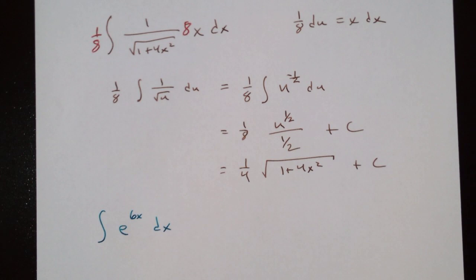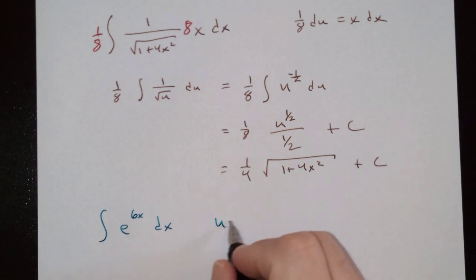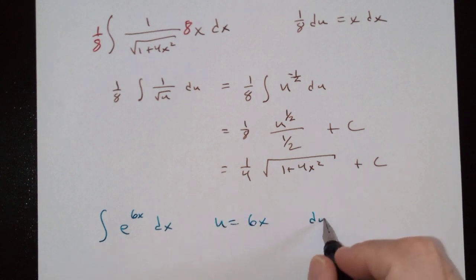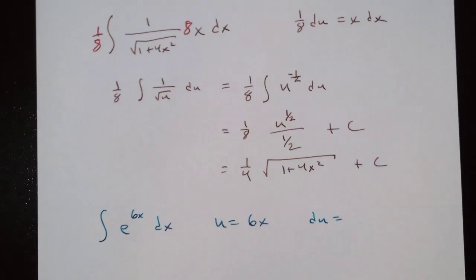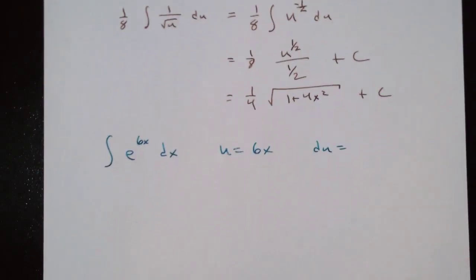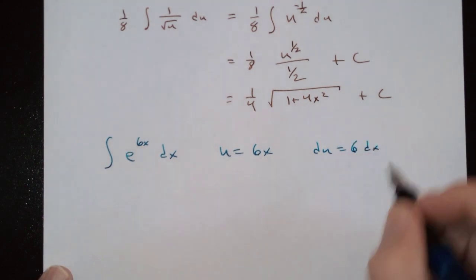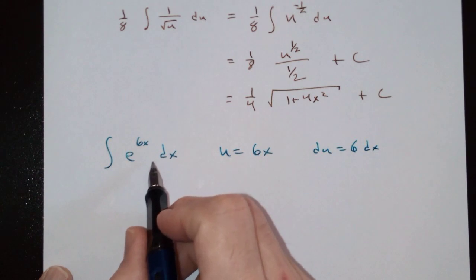The 6x, right? Because it's e to the stuff, not just e to the x. If I were taking the derivative, that's where I'd use my chain rule. So I think of it that way. Wherever I think I might need the chain rule, that's my inside part. What's du? Do I have a 6 next to my dx?